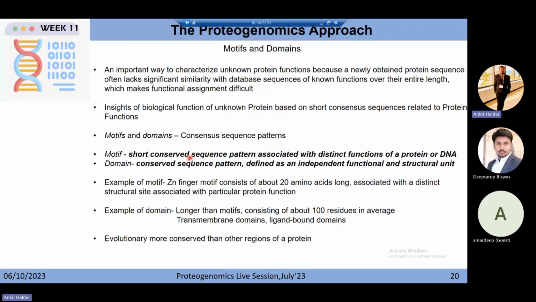Since kinases play a similar kind of role, they are believed to have certain conserved regions, a short conserved sequence pattern with a distinct function, like the kinases doing phosphorylations. So this will give you the motifs.